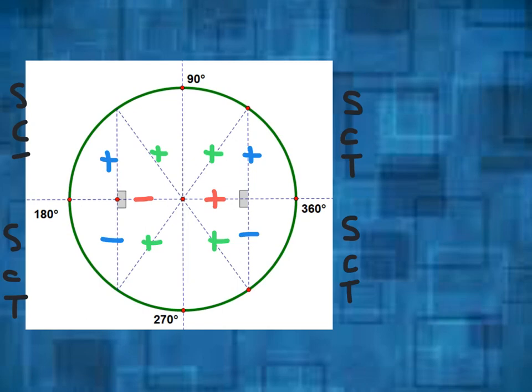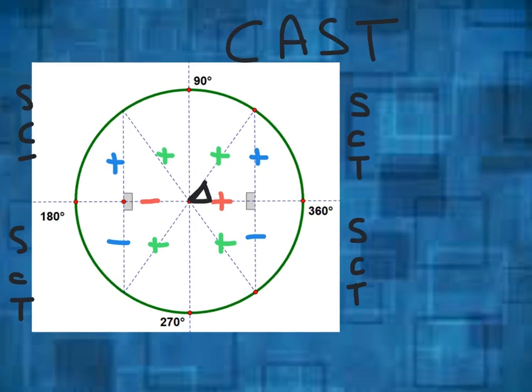The cast rule is used to obtain the positive and negative values for sine, cosine, and tangent in the four quadrants of those reference angles. So in the first quadrant, the reference angle sits here, and we would calculate sine, cosine, and tangent by comparing the sides that they relate to.